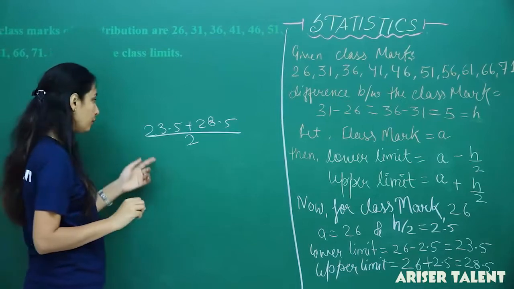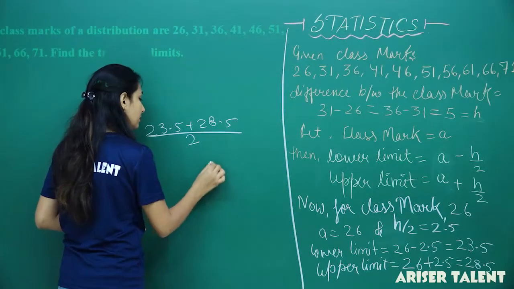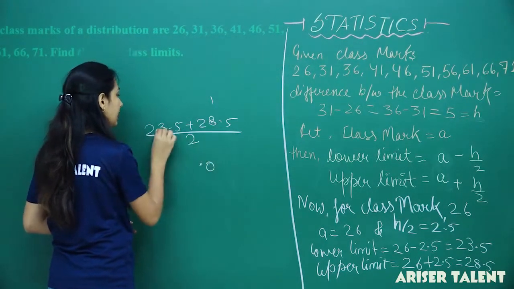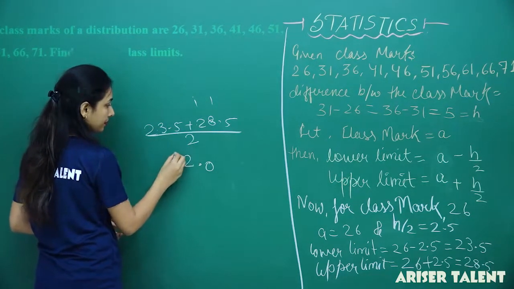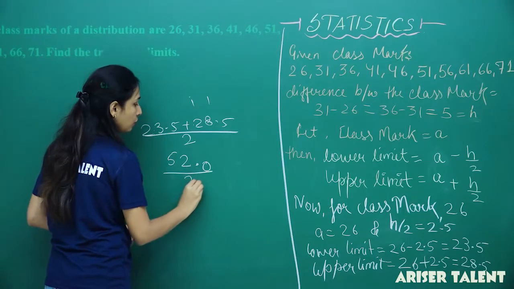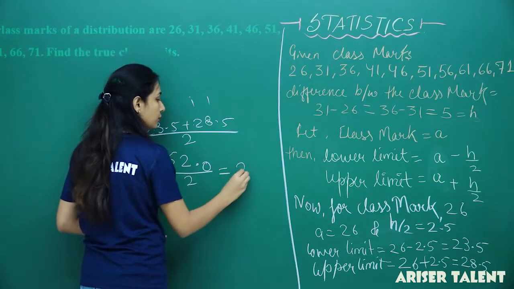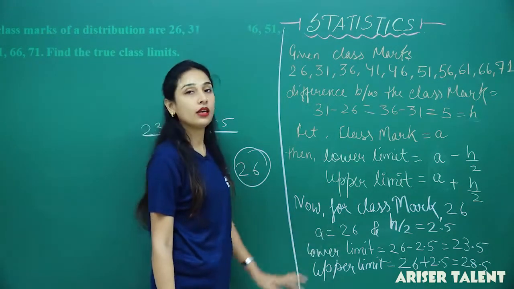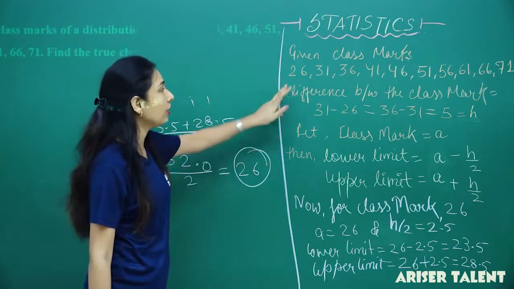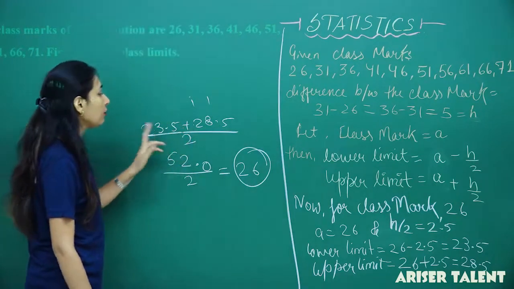Now students, you can reverse this: 23.5 plus 28.5, divided by 2. If you do that, what do you get? The sum is 52, and 52 by 2 is 26, again the A. So you got the mid mark or class mark again from that formula.